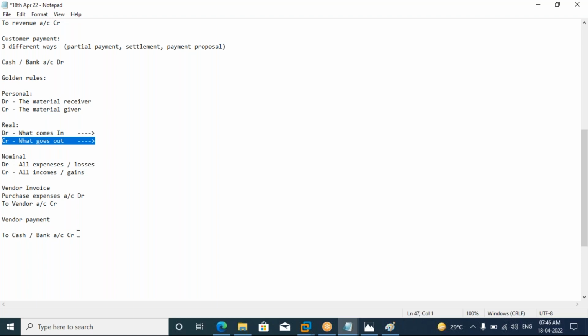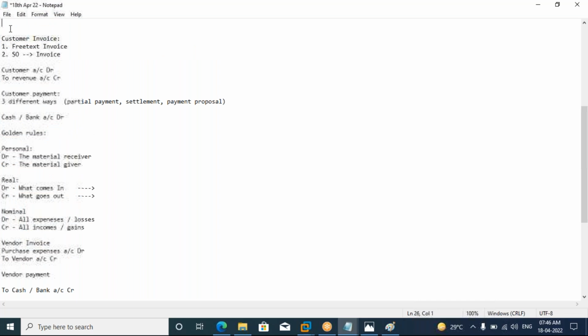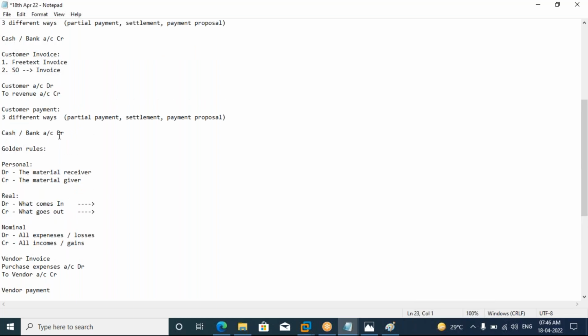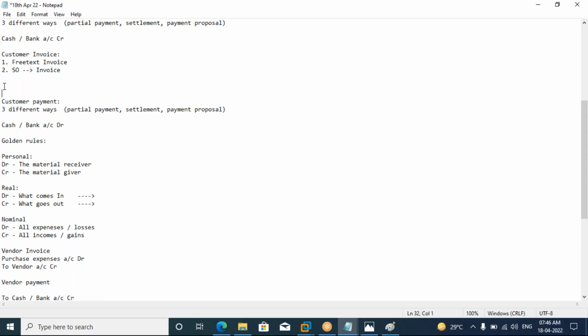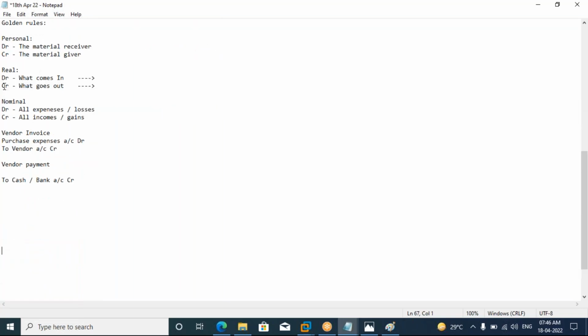Okay, customer invoice. Here, customer account debit to revenue account credit.